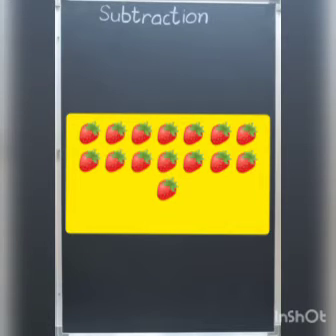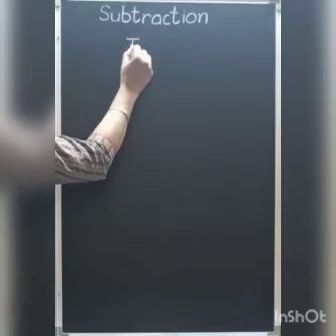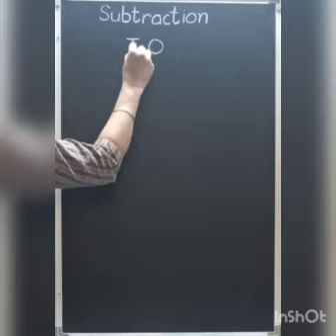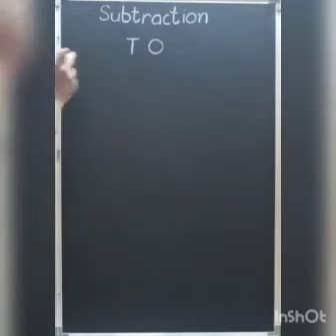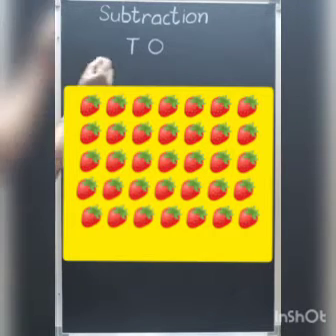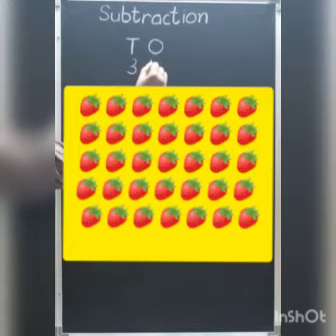So we can solve this problem by writing. First of all, write tens and ones. Okay, and then we will write the number of strawberries we were having earlier. You are having 35 strawberries with you.